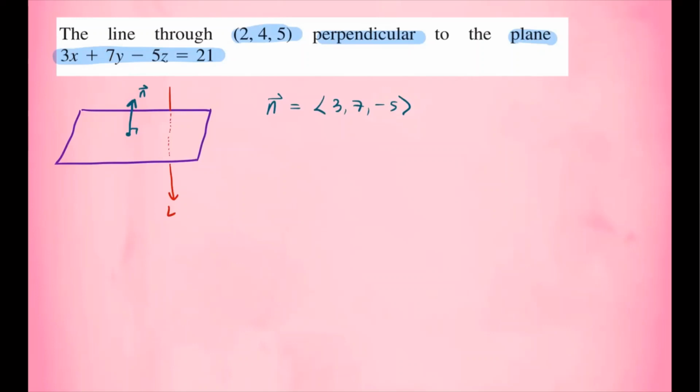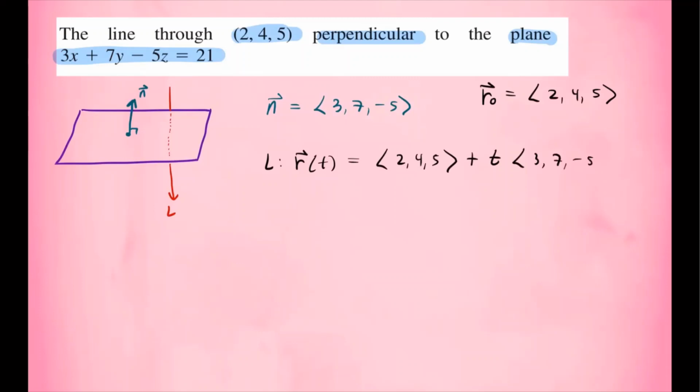So our line L will have the equation r of t is equal to r0. We're going to make our point a position vector, so you can think of r0 as the vector 2, 4, 5. We take that point, subtract it from the origin. So this will be 2, 4, 5 plus t times, again, the normal playing as the direction, so 3, 7, -5.